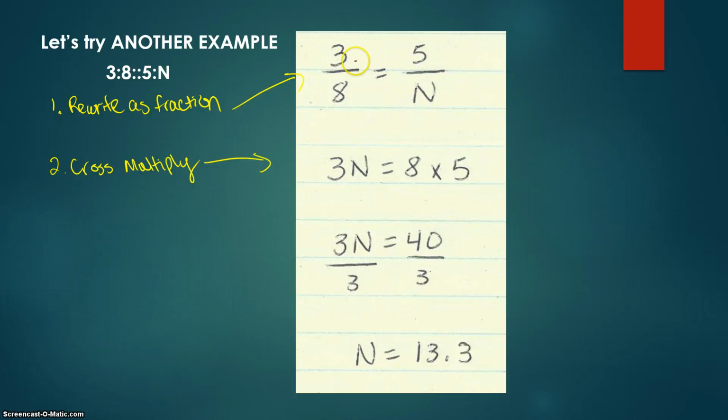We did 3 times n, and then 8 times 5. So we have 3n equals 8 times 5. Our next step is to divide by whatever number is with the letter. So 3 is with the letter, so we divide by 3. 8 times 5 is 40. 40 divided by 3 gives you 13.3. We're left with n equals 13.3.